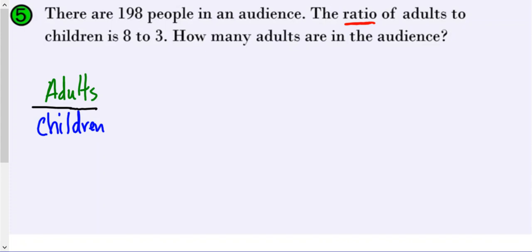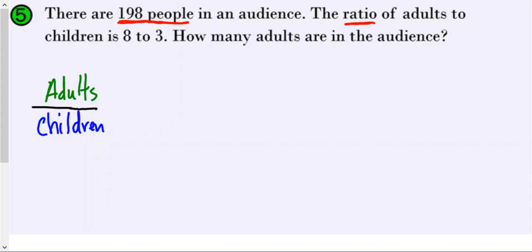Alright, so we have our ratio set up, but this problem is a little bit different because it gives us this 198 people, but that's the total amount of people all together, so that's adults and children. So we have to figure out, using the ratio that they give us, how many adults there are of the 198 and how many children.